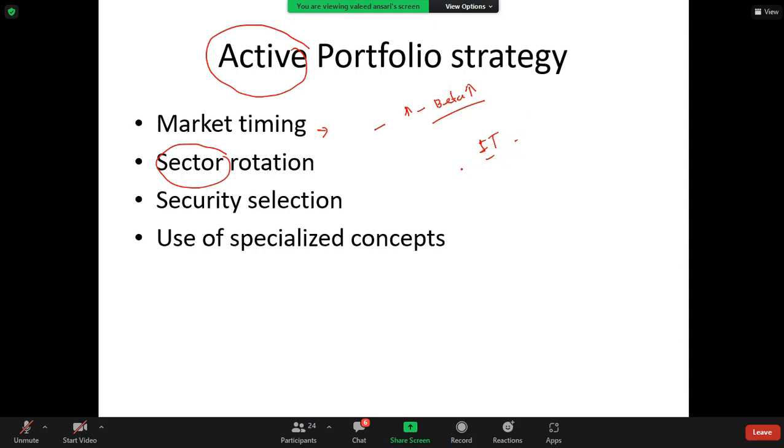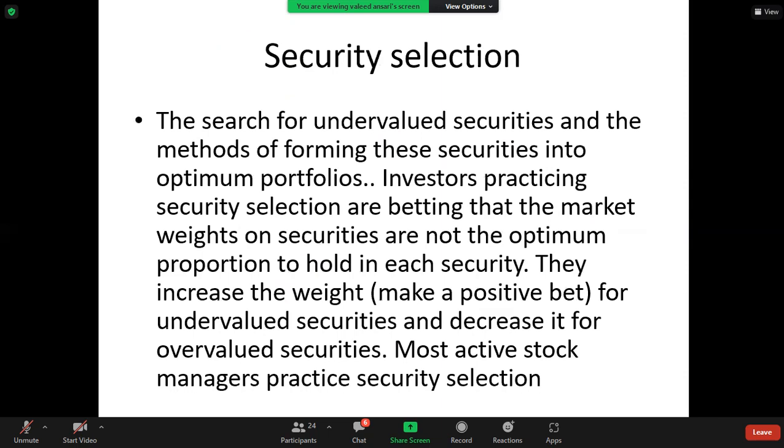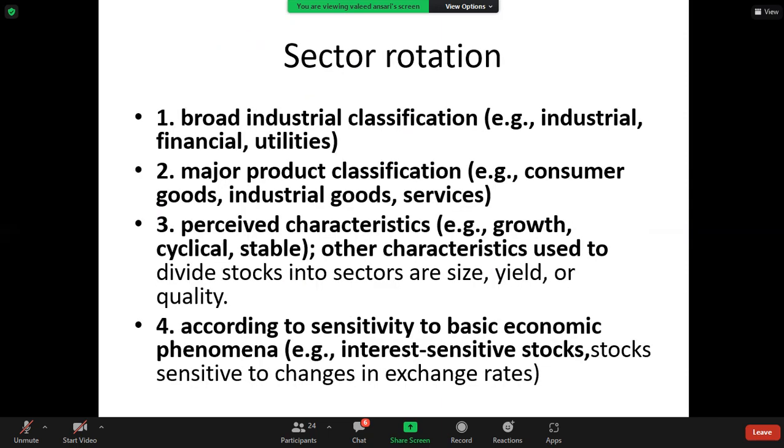So sector rotation is also used by active portfolio management. Then they also try to find securities which are undervalued or overvalued. As given in my slide, there is a classification of industries like industrial, financial, consumer, growth, cyclical, stable, interest-sensitive stocks, or stocks sensitive to exchange rates. So sector rotation is carried out like this.